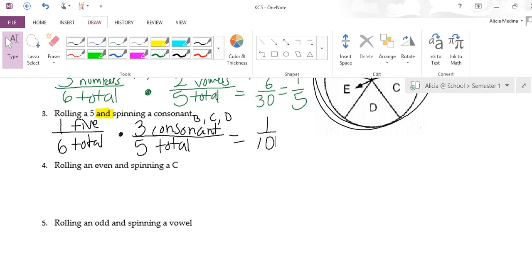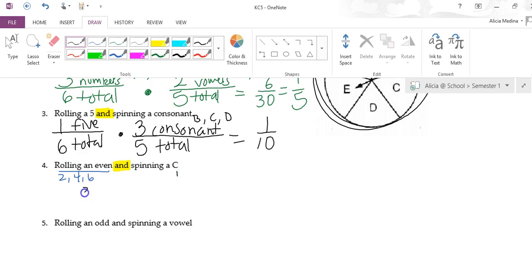Number 4, rolling an even and spinning a C. So rolling an even, the numbers here are going to be 2, 4, and 6. The word and means multiply. And if we're spinning a C, how many C's do I have on my spinner? I only have 1 C. Right, there's only 1.